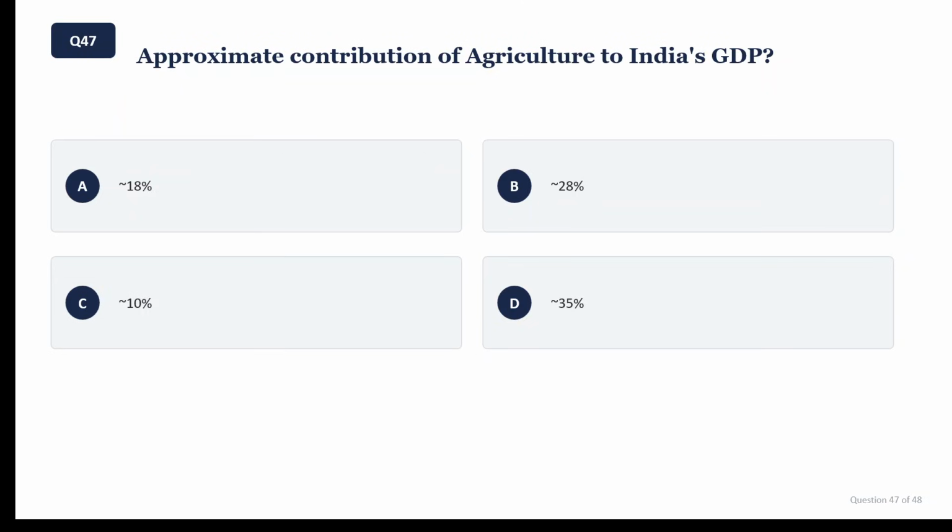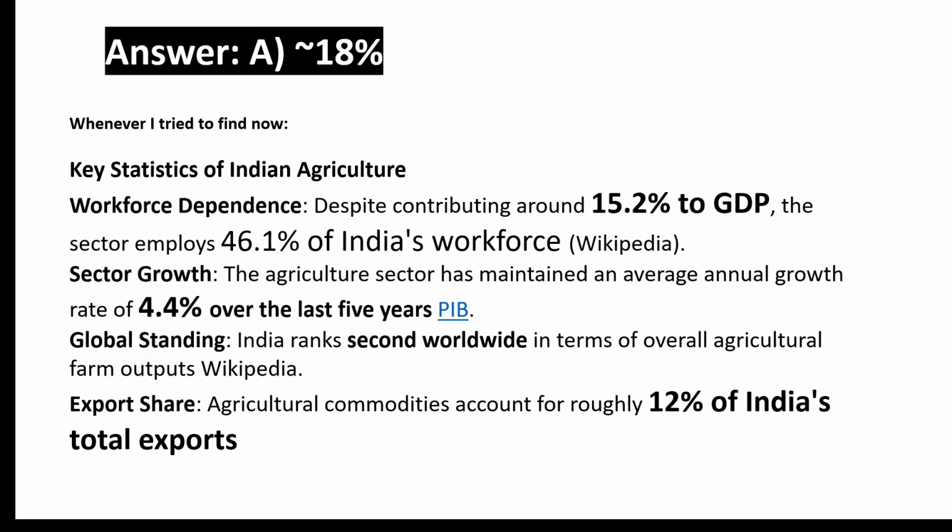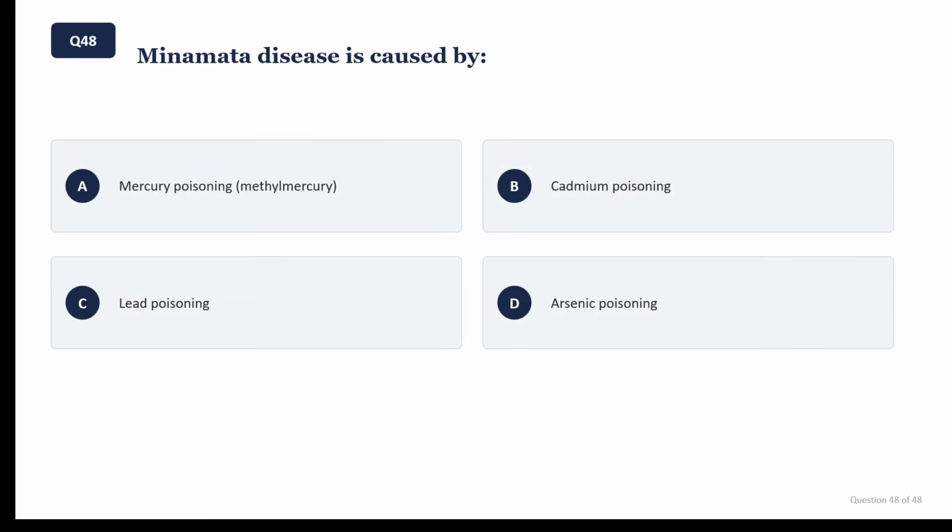Okay, the approximate contribution of agriculture to India's GDP. That time it was 18%, current time it's 15.2%, providing employment to 46% of people. Growth is 4.4% and export is 12% of India's total export. Minamata disease is caused by mercury.